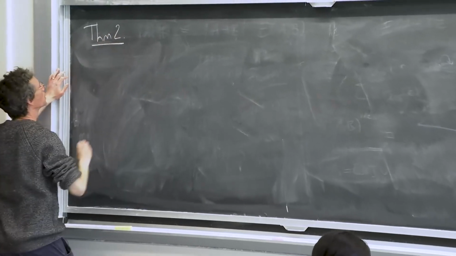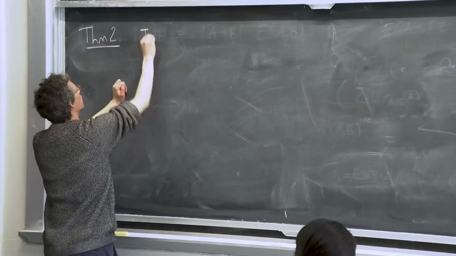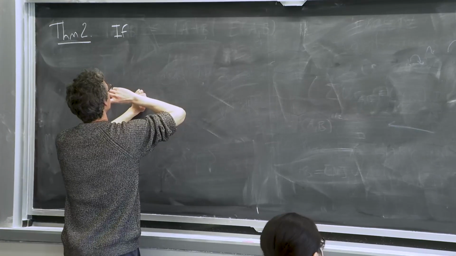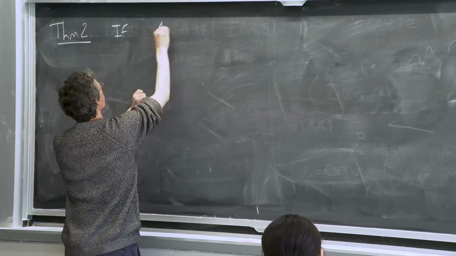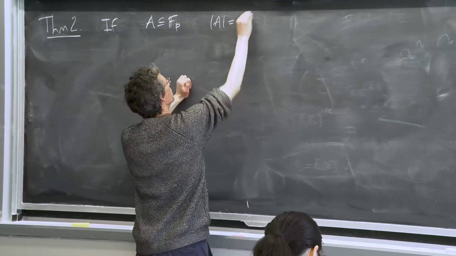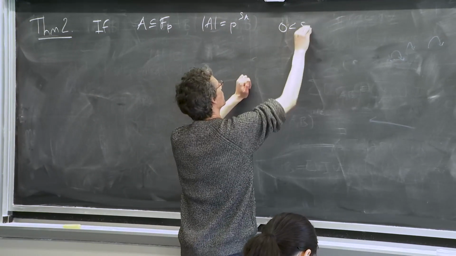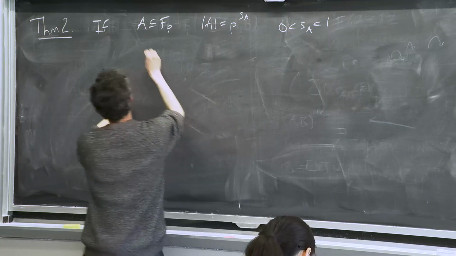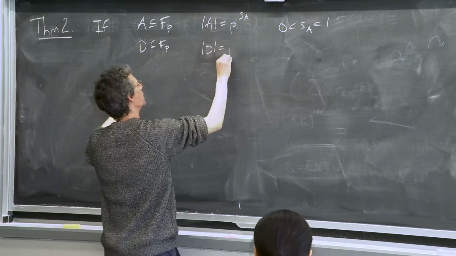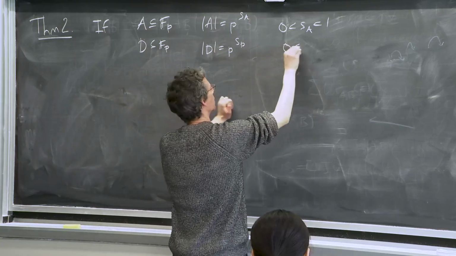Theorem 2 says, so if A is a subset of Fp, the size of A is p to the s_A, 0 less than s_A less than 1. D is in Fp, the size of D is p to the s_D, 0 less than s_D.